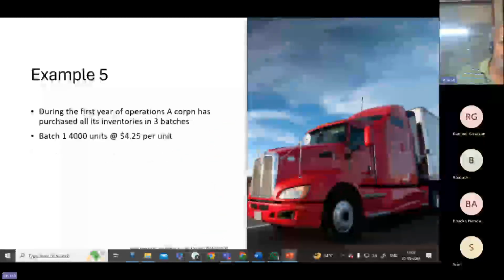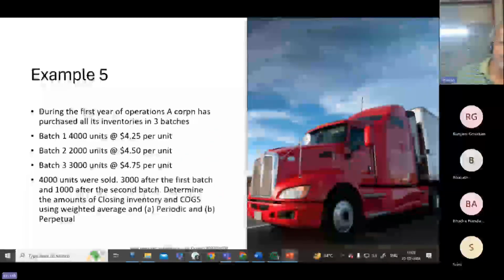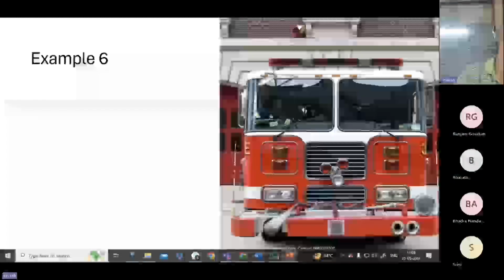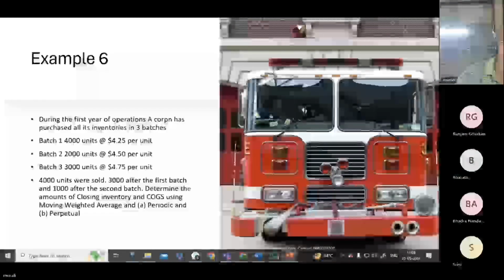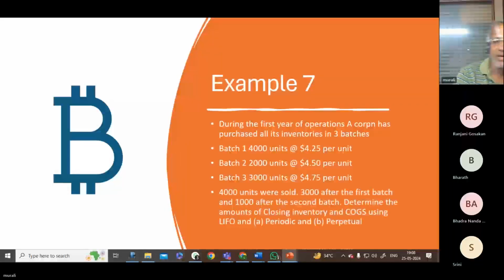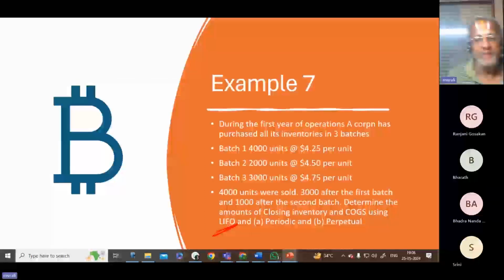Example number 5 is the same, but what is it that they are telling? Weighted average. So I would like to take up moving weighted average. Say I wanted to take up LIFO immediately after that. Correct? Are you understanding?